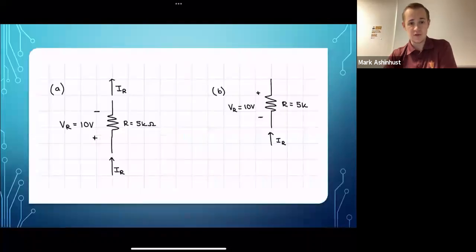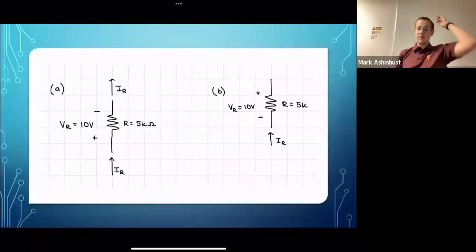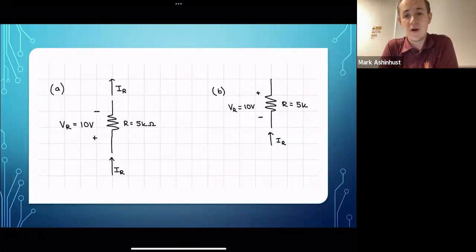Awesome. So consider A and consider B. Now for these two, we don't necessarily need to solve for the current, because we're more worried right now about whether it's active or passive. So let's take a look at A. A is one of those variants of the passive sign convention I talked about at the beginning, where you could do it up, down, left, right, diagonally.